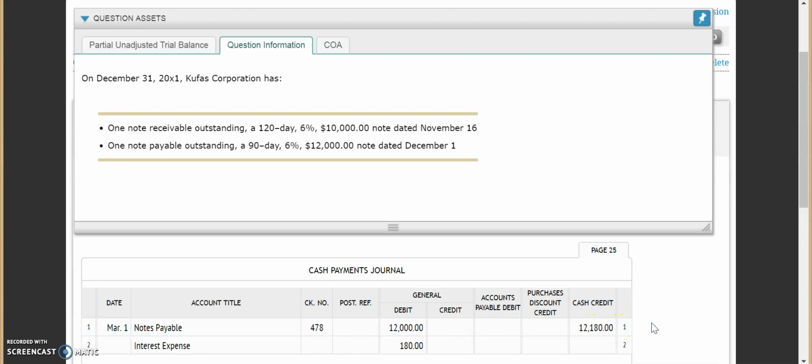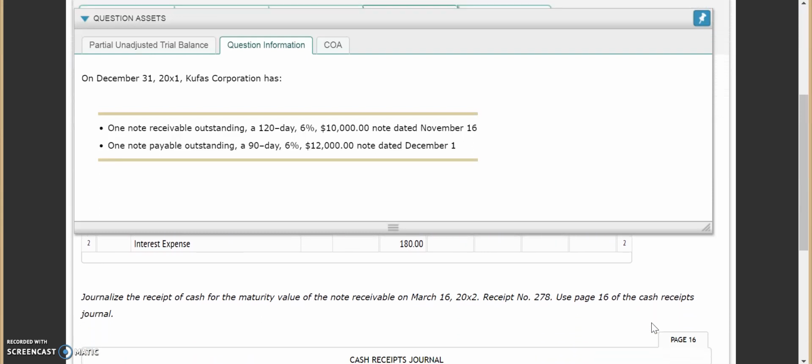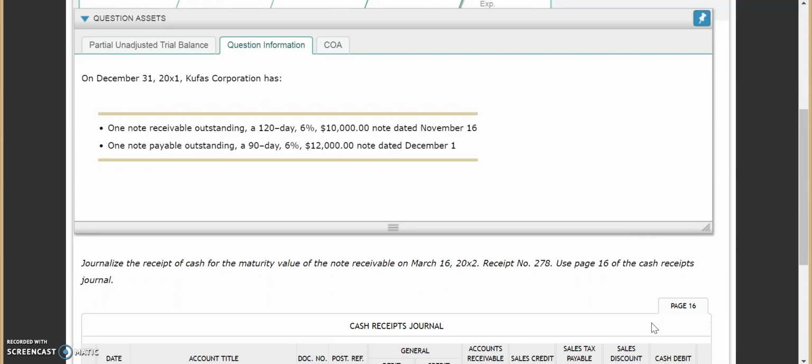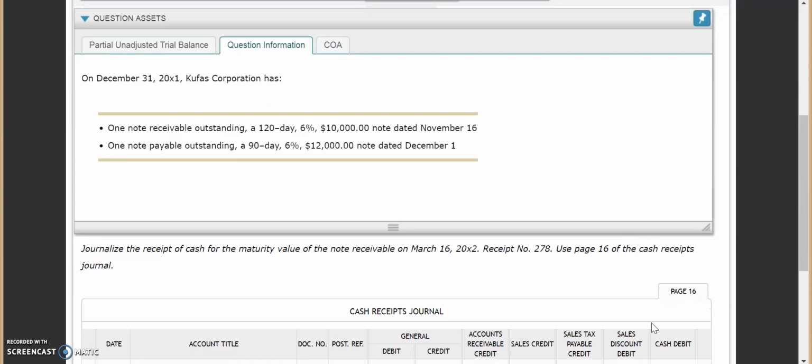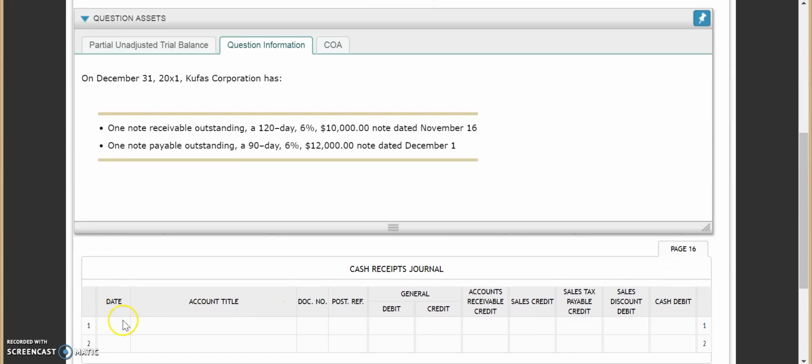Then we're going to come down here and we're going to journalize the receipt of cash for our notes receivable on March 16th using receipt number 278. So again, this time we're in the cash receipts because we're the one receiving the cash. So this is actually happening on March 16th. So we put in March 16th. And instead of notes payable, we have notes receivable.